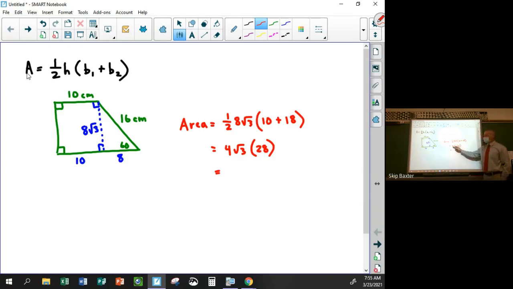You can multiply the two terms that are outside the radical. 4 times 28 would be 112 radical 3. And the units would be square centimeters. Okay?